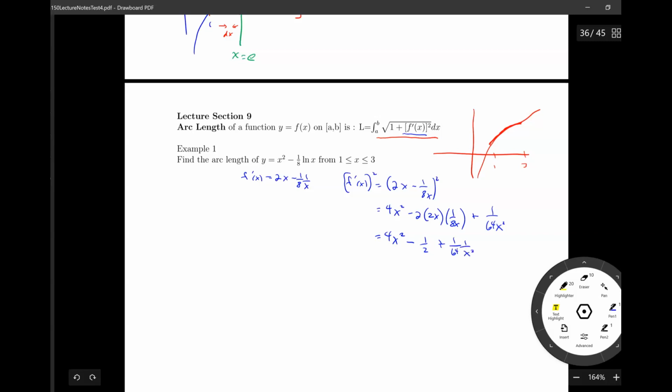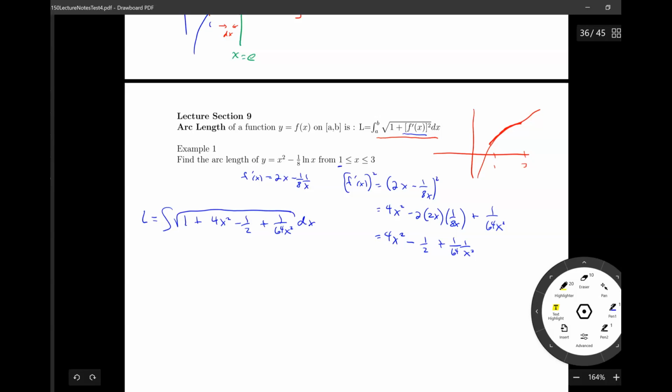Okay, so this all goes inside the radical, inside the integral. So 4x squared minus 1/2 plus 1 over 64x squared dx.